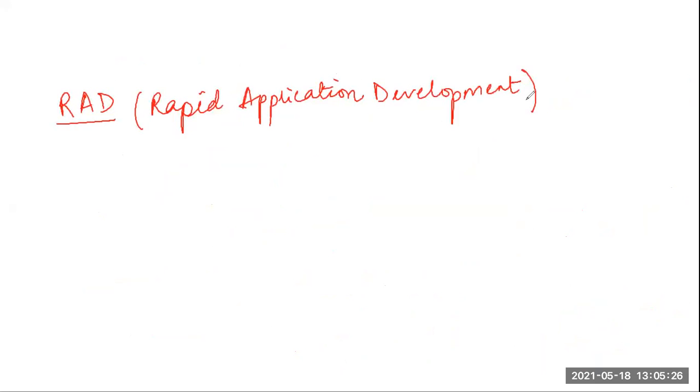This RAD model was proposed in order to overcome the rigidities associated with the waterfall model. The major rigidity which needed a huge change is the difficulty to accommodate any change requests from the customer.